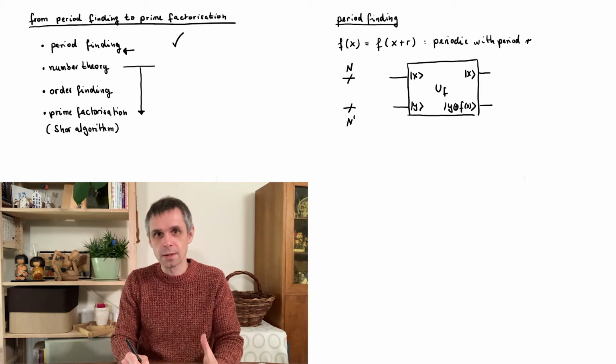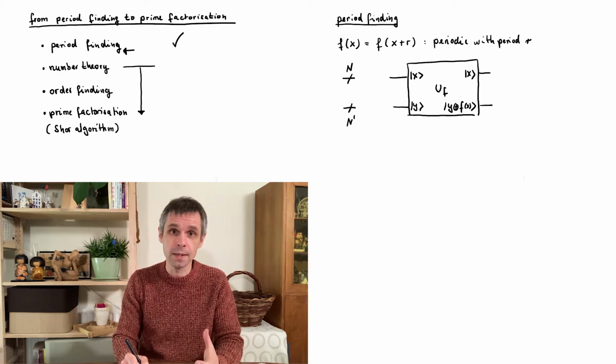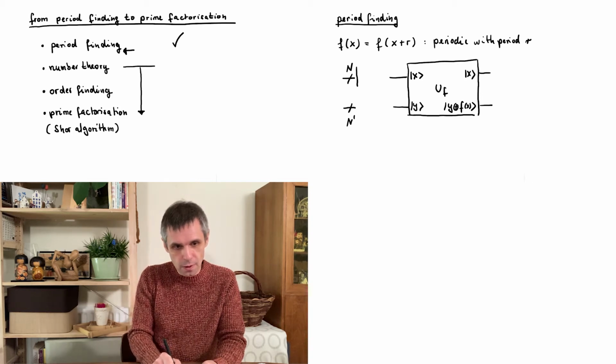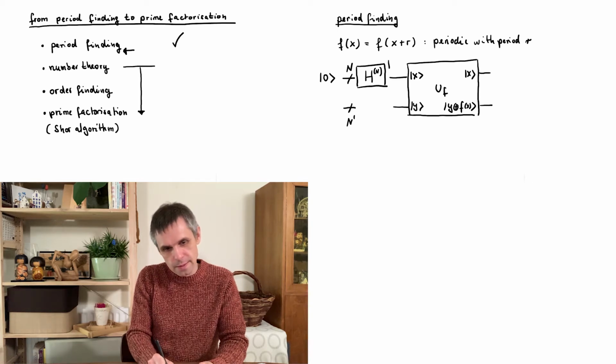And now it sounds like a good idea to try and test this function for all possible arguments at the same time and see whether a systematic pattern appears. And this we can do again as in other algorithms by starting out with a computational basis state where all these quantum bits are in the state 0, and then we apply Hadamard gates to all of them, so that we end up in this state capital psi at this point here.